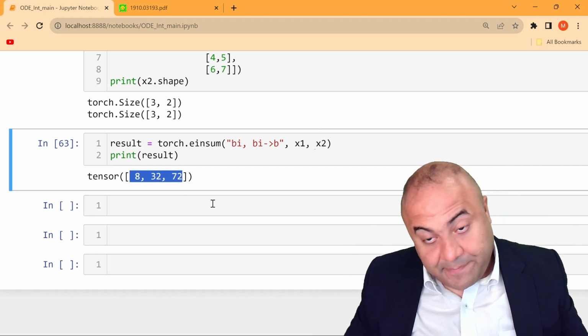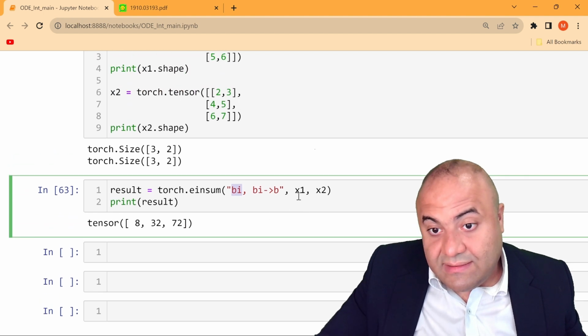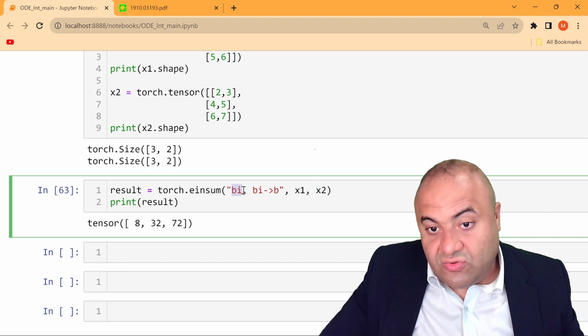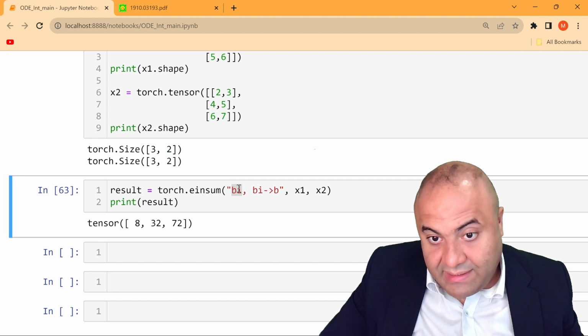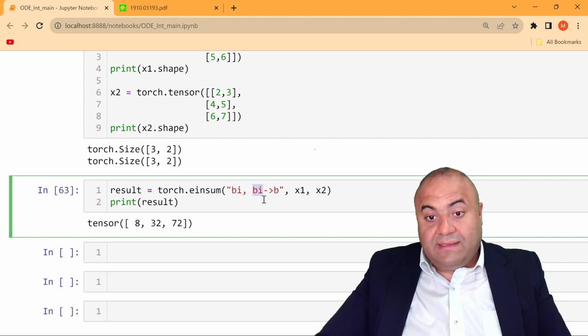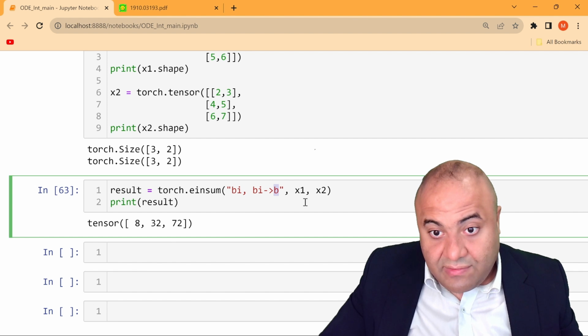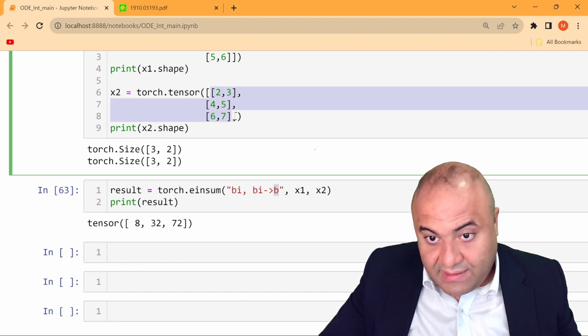What does it mean? Let's understand. pi means the values we are having are in the shape of p and i, and if you have p and i, you take only p. So the result will be in the dimension of 3.